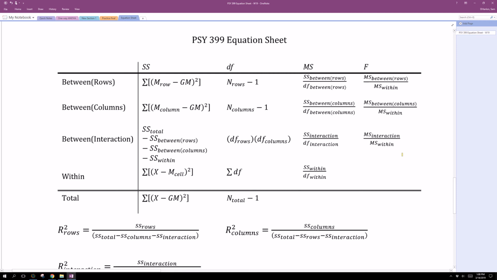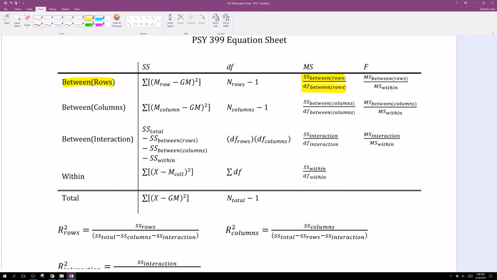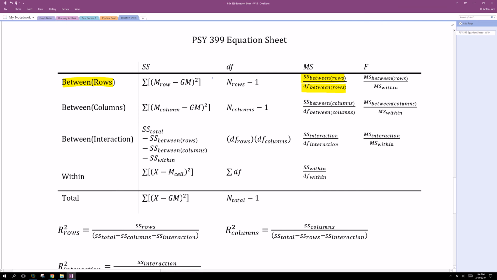Right? You've got between rows, so you find the sum of squares between rows and divide by df between rows. Right? So sum of squares divided by df gives you MS. This happens across the whole table for every single ANOVA possible. Okay.